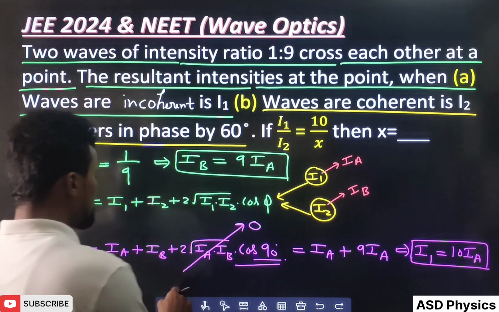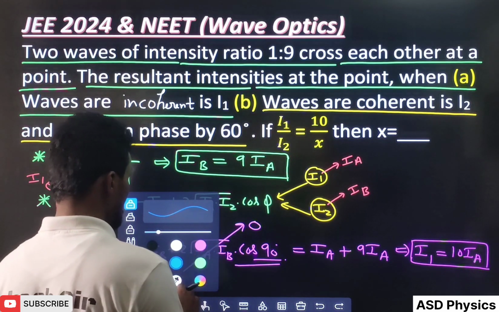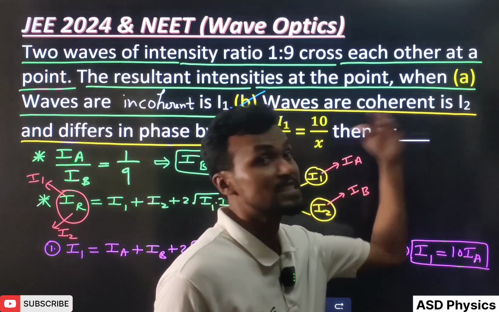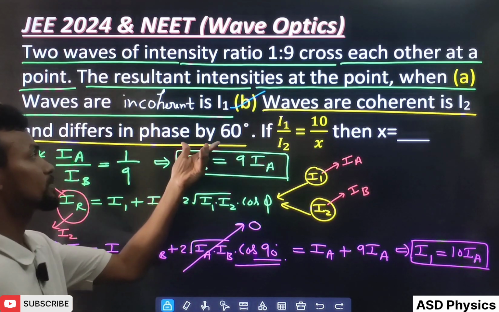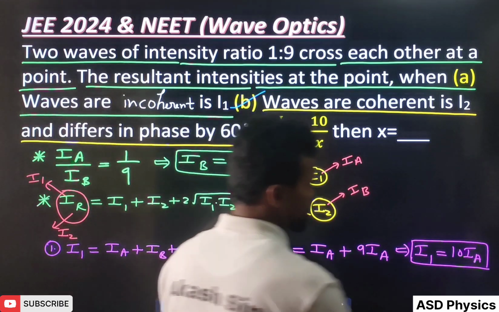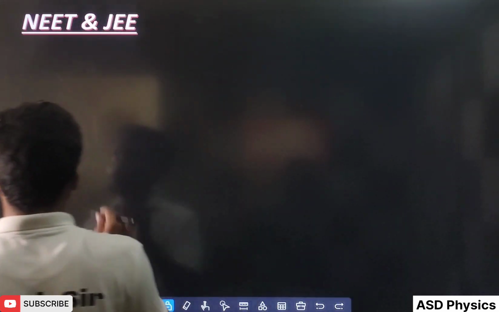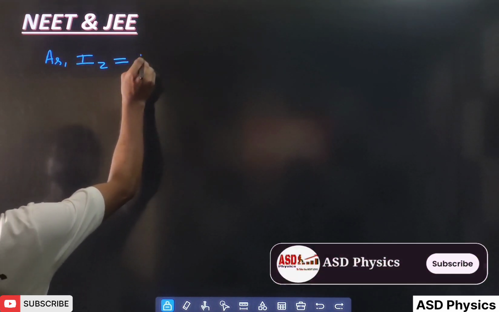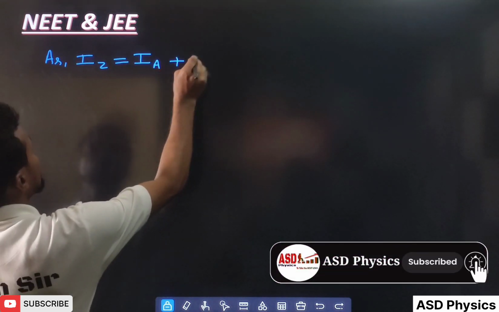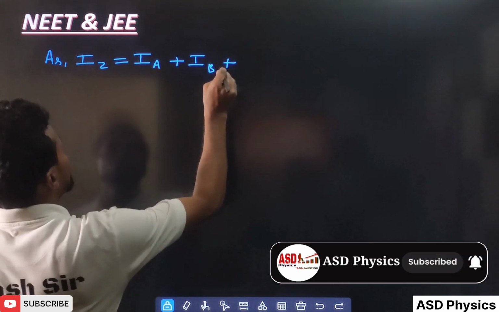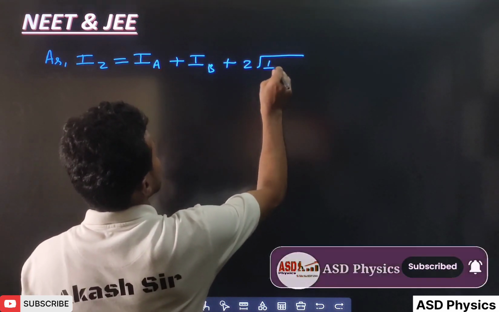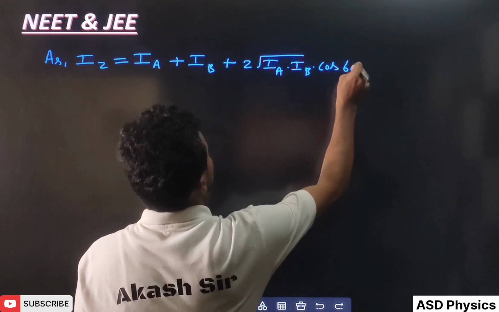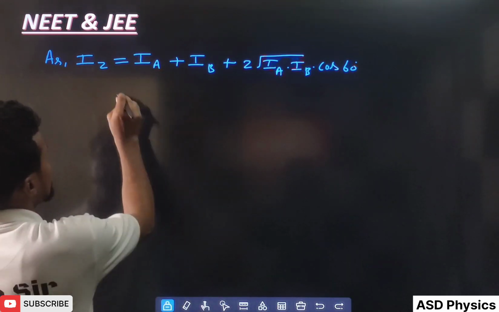Now for condition B, they are telling that the resultant intensity is I2 and the phase differs by 60 degrees. So I2 equals IA plus IB plus 2 root IA into IB into cos 60 degrees.